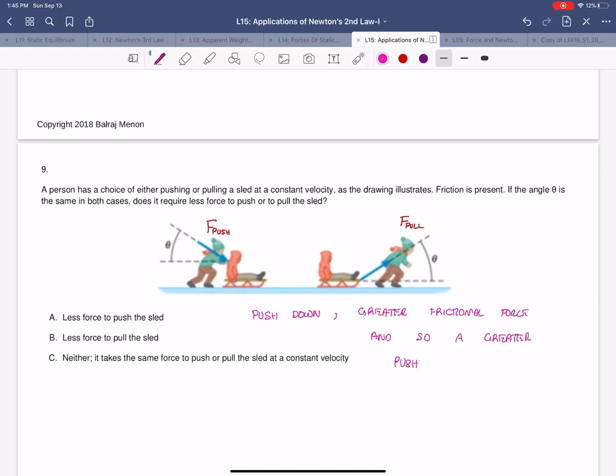The force that you're going to apply will depend on how much frictional force there is, and since there is a greater frictional force in this situation because you've got a greater normal force, the pushing force is going to be greater. You will require a greater pushing force. In other words, stated differently, it requires a lesser force to pull the sled.